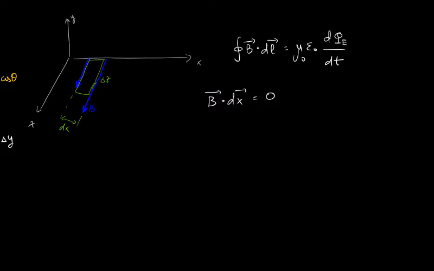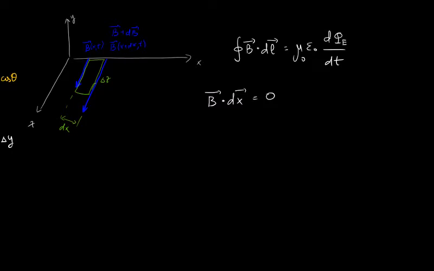Let's call this left line vector B at x, t, and the second one we will call B at x plus dx, t, or we can say B plus dB, as we did in the case of the electric field.